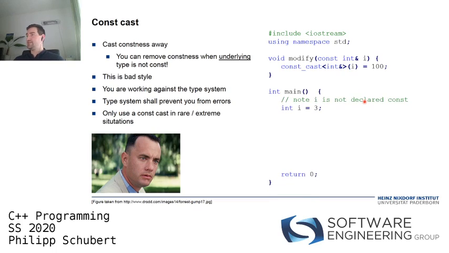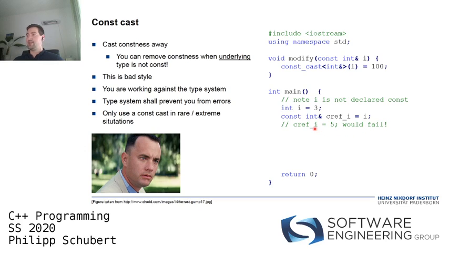Maybe let me also give you another example. So here, let's have integer i, which we initialize to 3. It's also declared not as const, so it's a plain integer, which can be modified. So the underlying type is non-constant. And we now can have a const ref, which we call cref for const reference, which refers to the integer i. And of course, if we would try to write some data into that cref reference, it would fail.